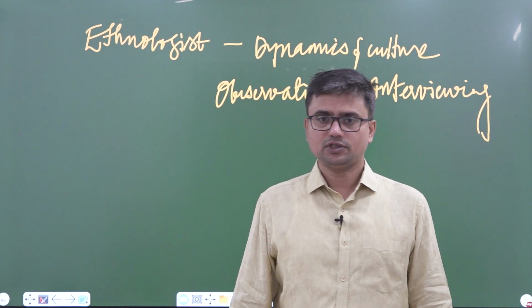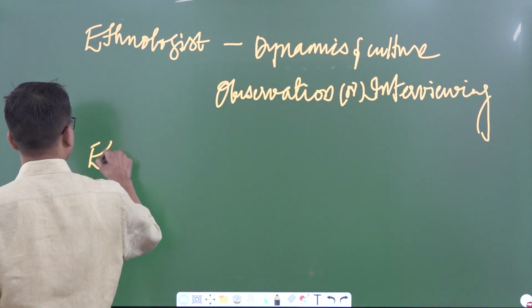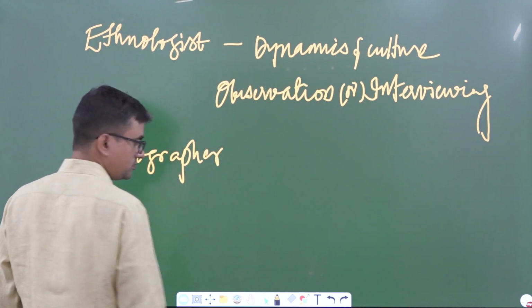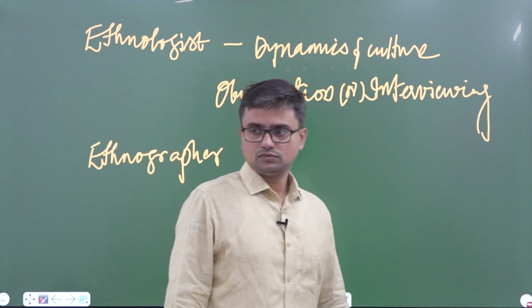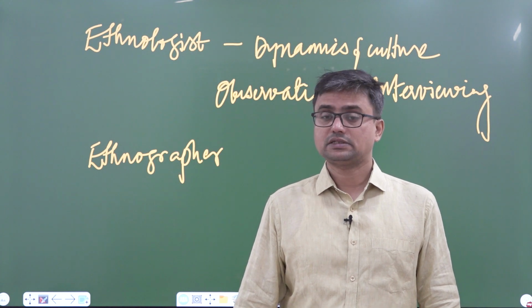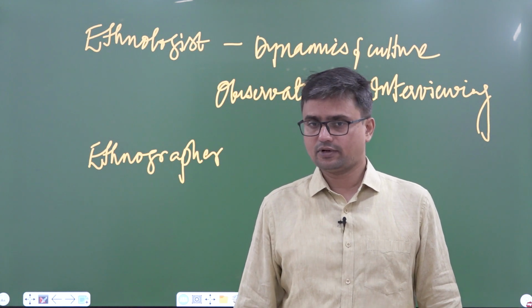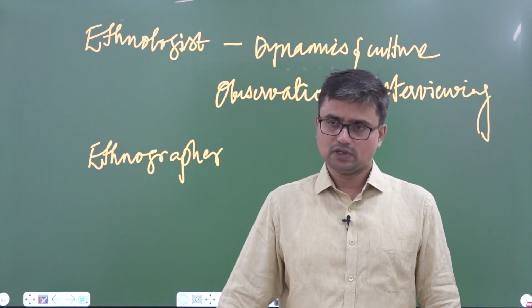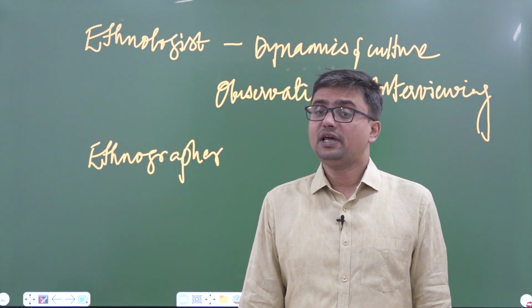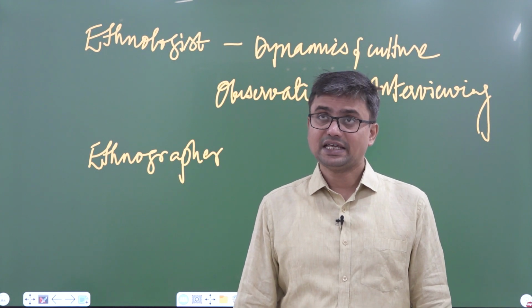There is a type of ethnologist called an ethnographer. Ethnography of a tribe. There's a lot of work I will be telling you about in paper 2. What this gentleman or lady will be doing is, the group whom they wish to study, they stay with that group.